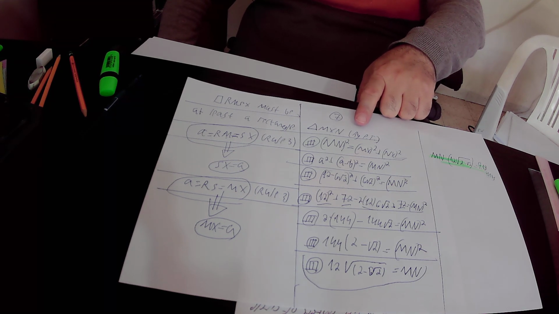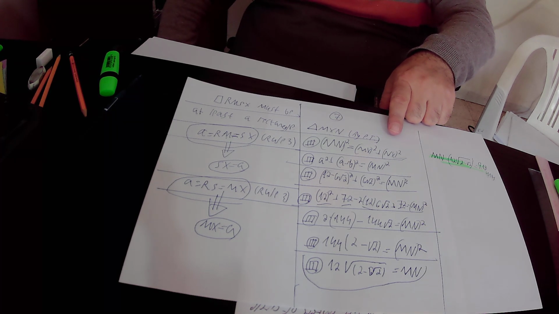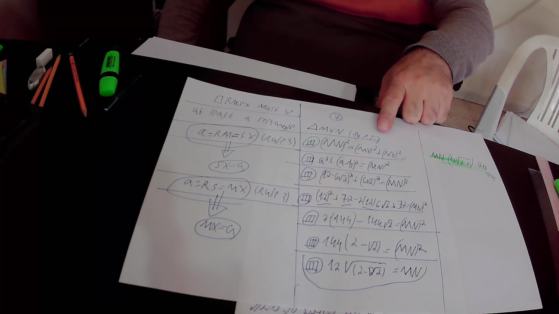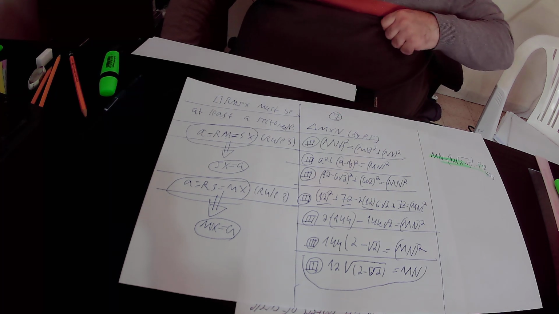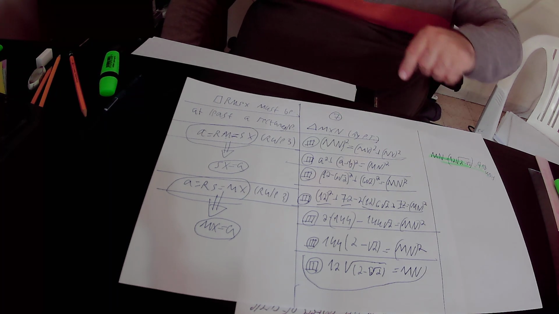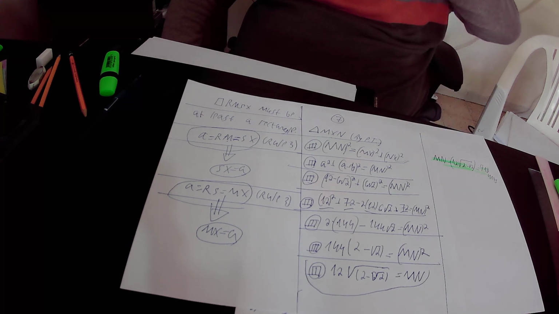That is to say, MN square equals MX square plus NX square. Here MX equals A, so MX square is A square. NX equals A plus B, so NX square is A plus B square.